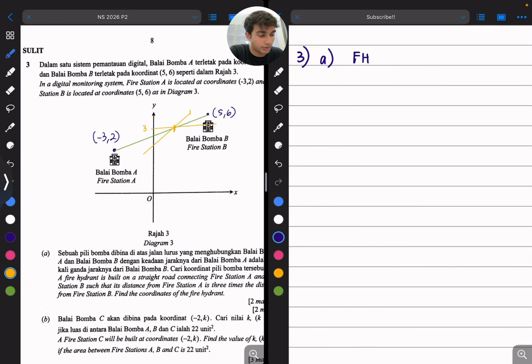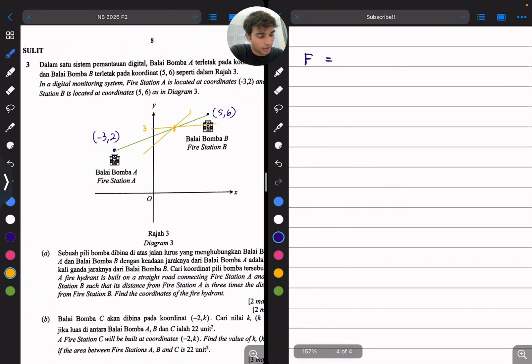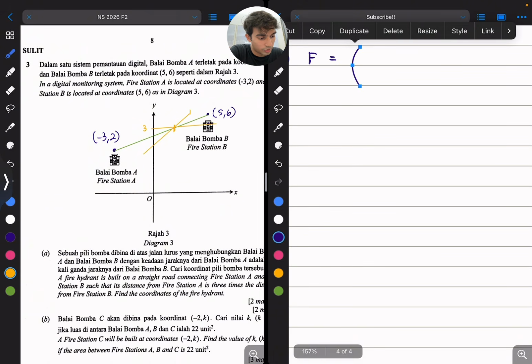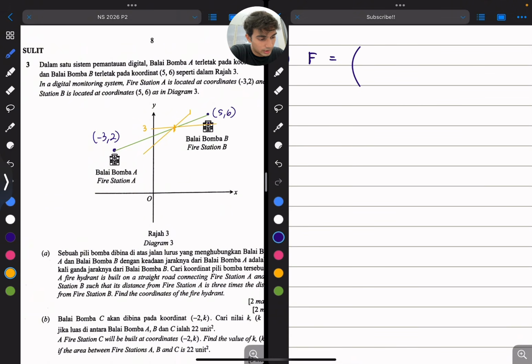I put FH, or let's just call this F, fire hydrant. So the coordinates of F would be 3 times 5 plus 1 times this X, divided by 3 plus 1.